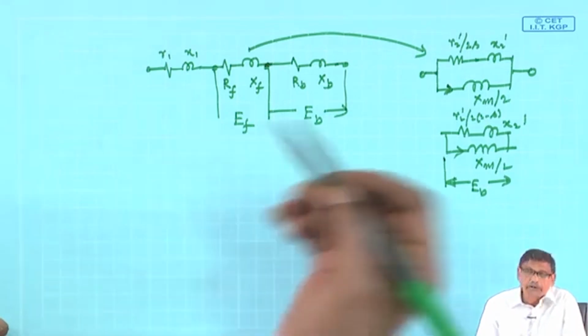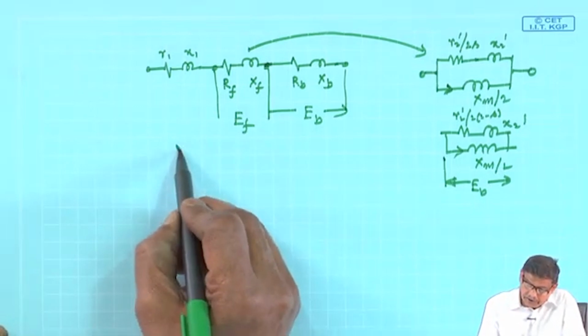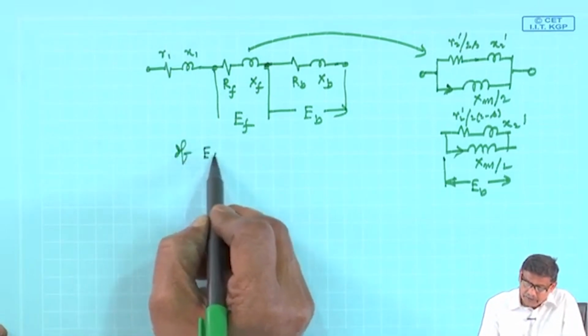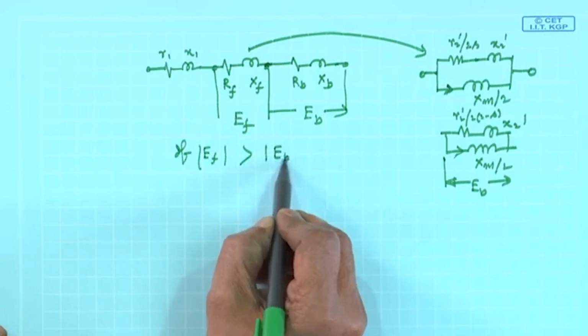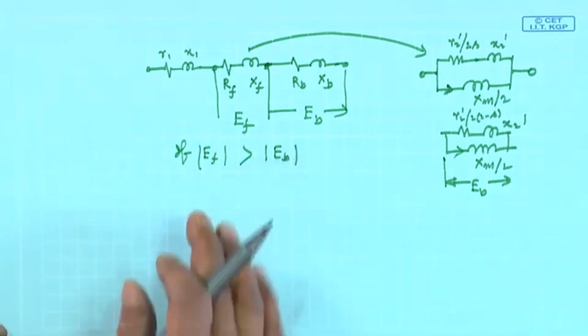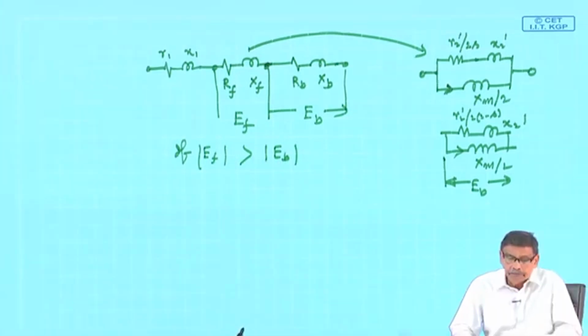For forward motoring mode, that is if E f is greater than E b, then the strength of the forward field will be more and strength of the backward field will be less. And both of them, of course, will run at synchronous speed in the opposite direction. That is what I was trying to convey.